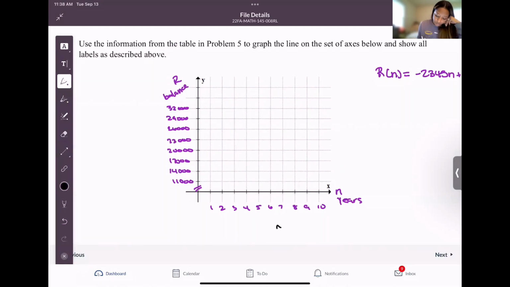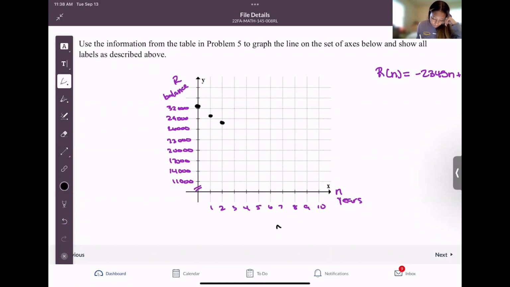We can plot. The first number was 0, $32,800. So that'll be about here. And then we have 1, $30,485. That would be about here. And then we had 2, $28,140. That would be about here.